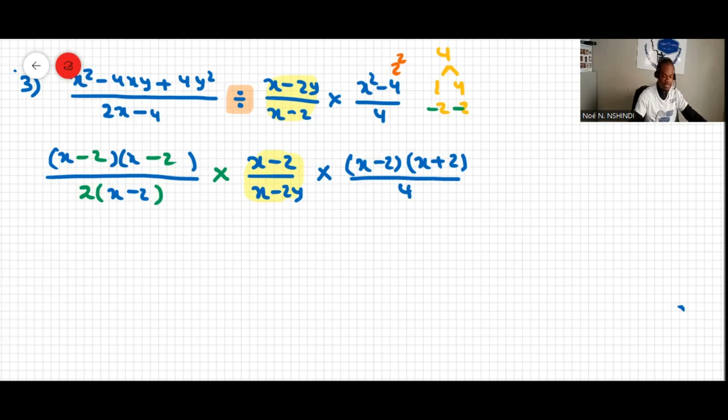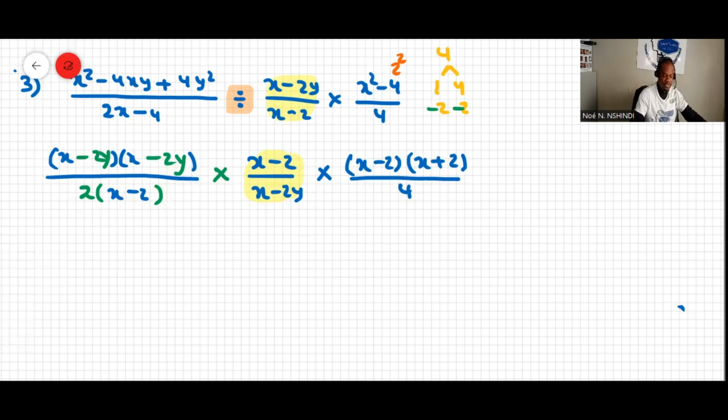Now let's see. We have x minus 2 here and x minus 2, so we can simplify this. Over here the variables were x, y, and y squared, so it's not just 2, but it's going to be 2y here and then 2y there. Now that's correct.